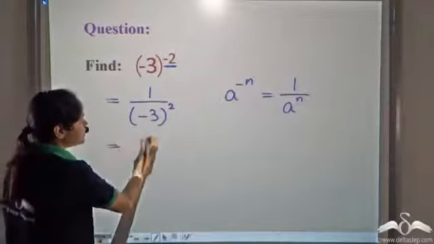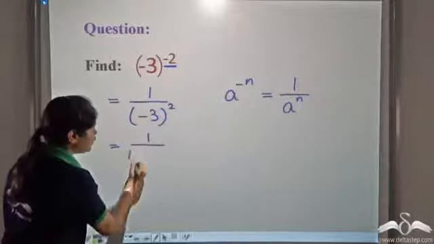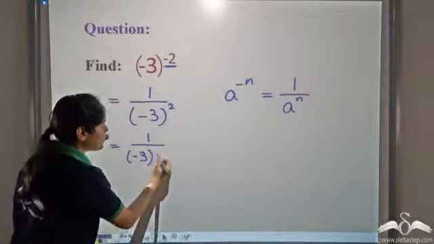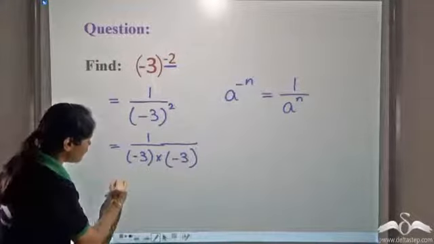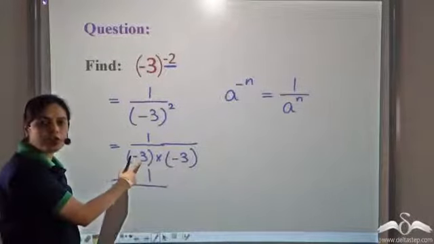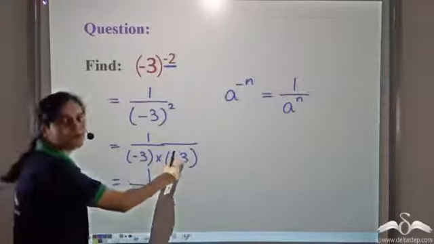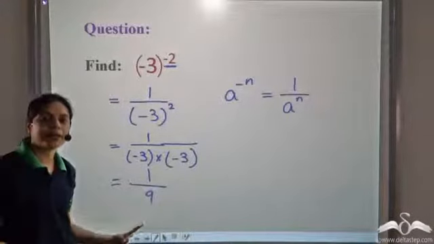And this is negative 3 multiplied by itself 2 times. So negative 3 into negative 3. So we have 1 in the numerator and negative 3 into negative 3 in the denominator. Negative 3 into negative 3 is 9. So the answer is 1 by 9.